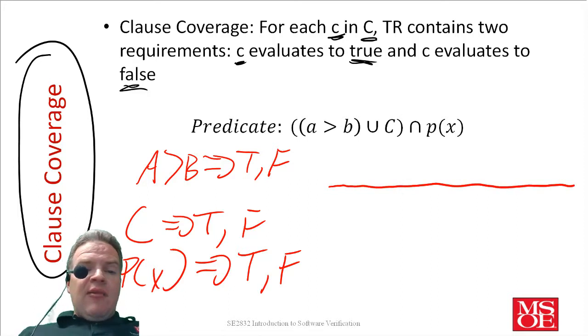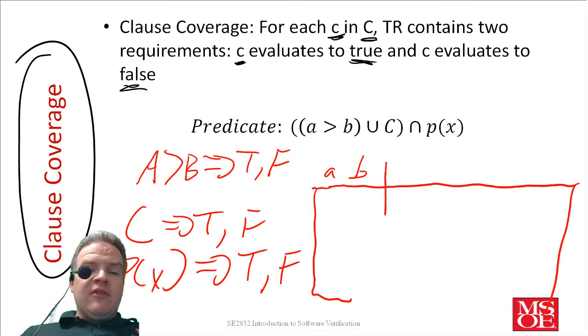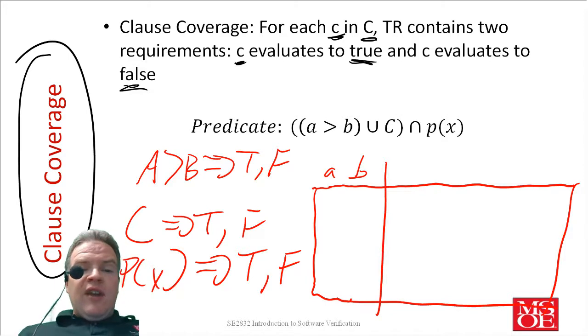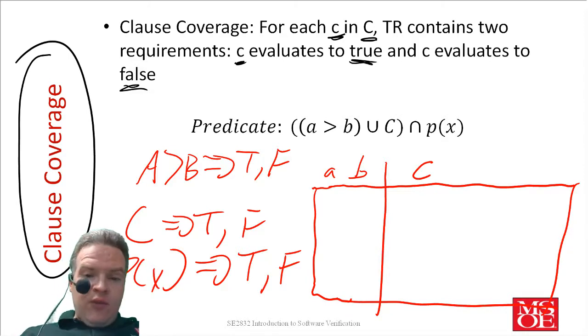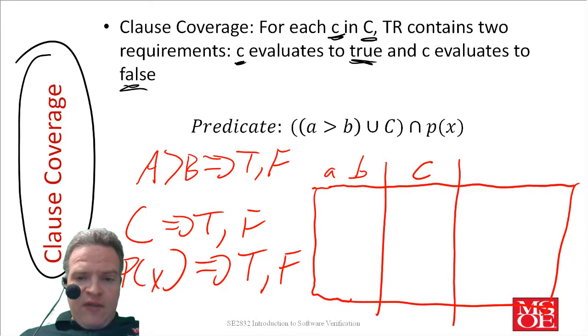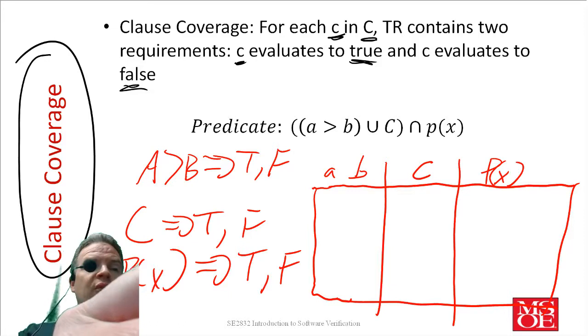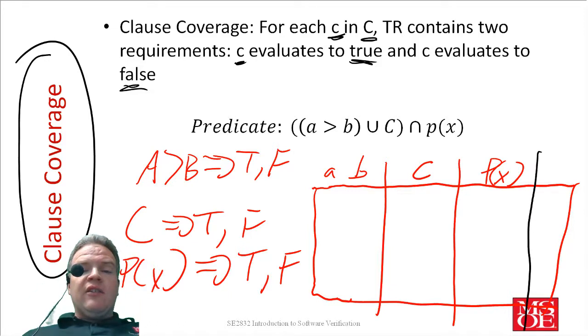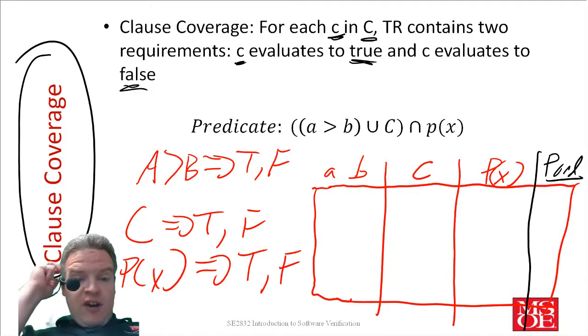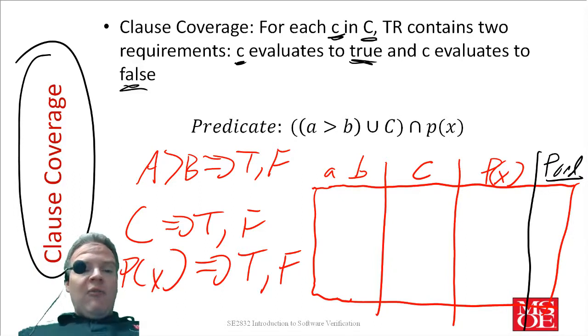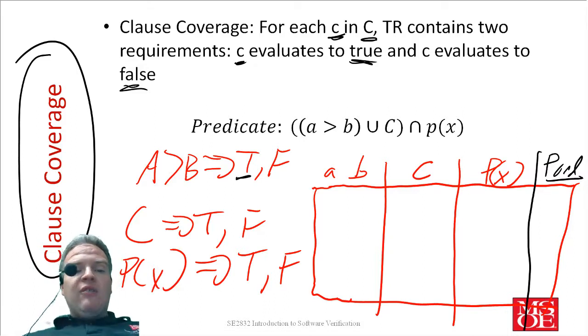I'm going to have A and B be passed in, and C as well, and P of X. And then I want to look at the whole predicate. I'm going to start by coming up with my scenario where I want A greater than B to be true, for example.